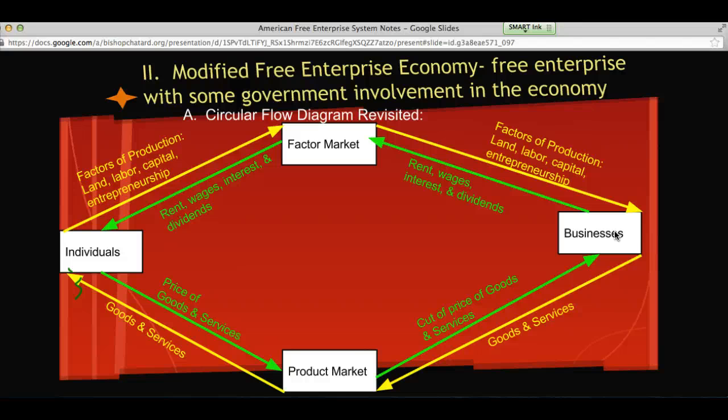Okay, now that said, we are going to add to this. Now looking at this, what are we missing if we're talking about the modified free enterprise economy? Governments. Where do you suppose I'm putting the government? We're putting it in the middle. Okay, so governments. Now, this is not your third color.